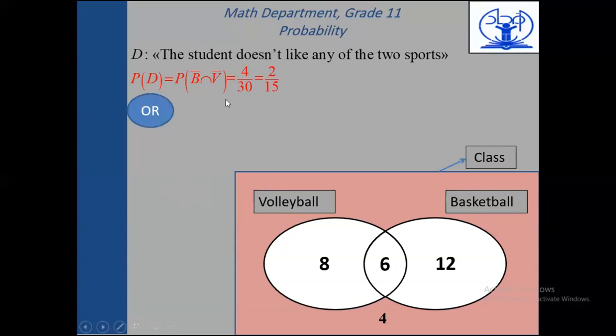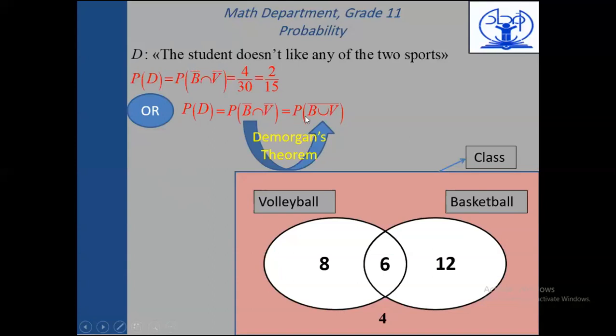By the way, there is another method here. Whenever you have probability of events such as these, you can interpret the meaning of the event as we did here and count the number of students satisfying this set, or you can use formulas. For example, you know that the probability of B bar intersection V bar, using De Morgan's theorem, B bar intersection V bar is B union V all bar.